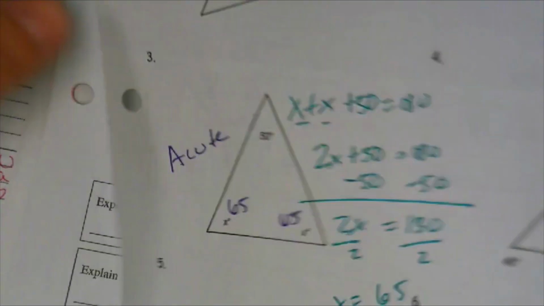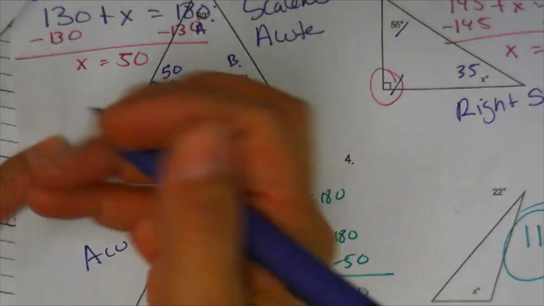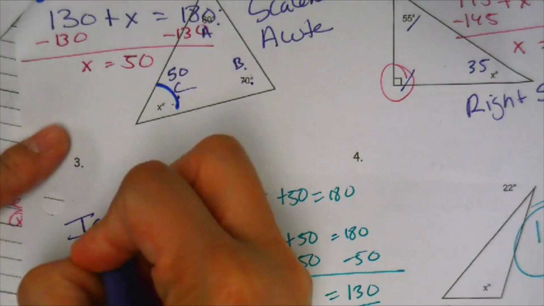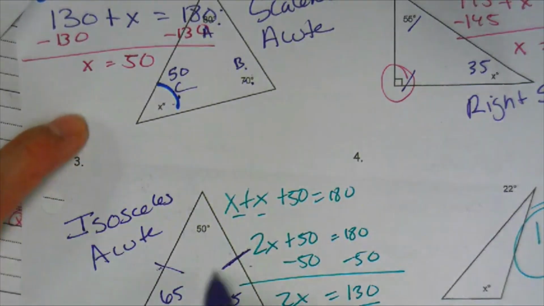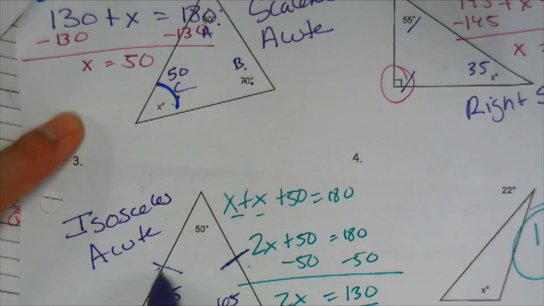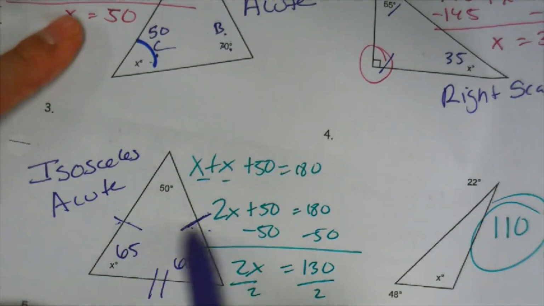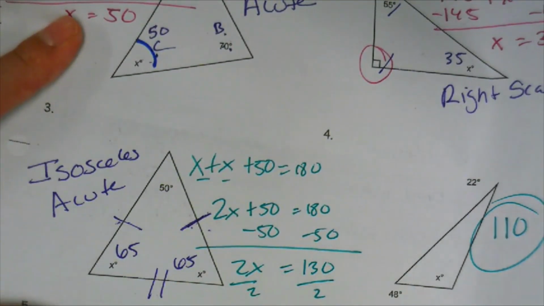So it's called isosceles. These two would be equal, and this would be different. Oops, I see that. These 2 sides are equal. These are different.